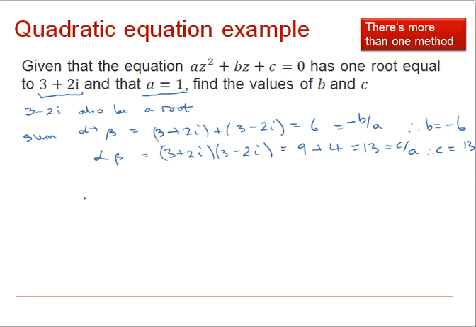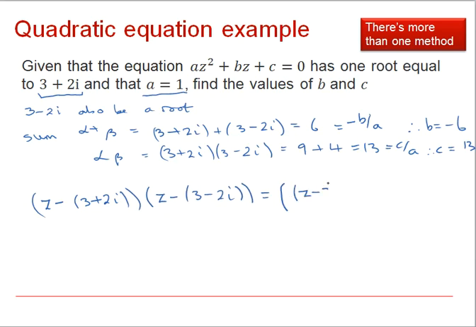Another method we could use is by expansion. Here we're using the factor theorem, so that we have z minus 3 plus 2i multiplied by z minus 3 minus 2i. And here I'm going to use a little bit of a, not exactly a trick, but a rearrangement.